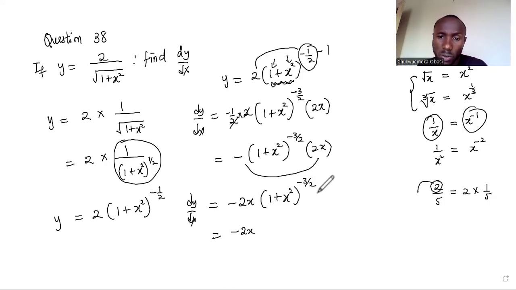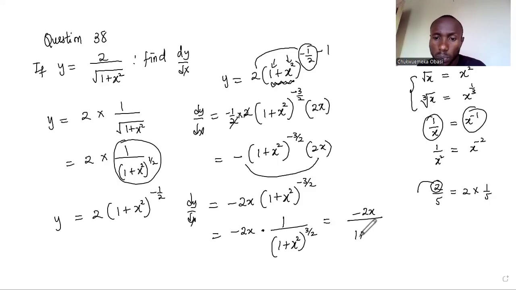Remember, if you want to get rid of this negative exponent, you see how we go about it. That becomes 1 over 1 plus x squared all to the positive 3 over 2. At this point, we've gotten rid of the negative exponent, right? So you can still go ahead and say this is the same as multiplying out. You have negative 2x all upon 1 plus x squared all to the 3 over 2.